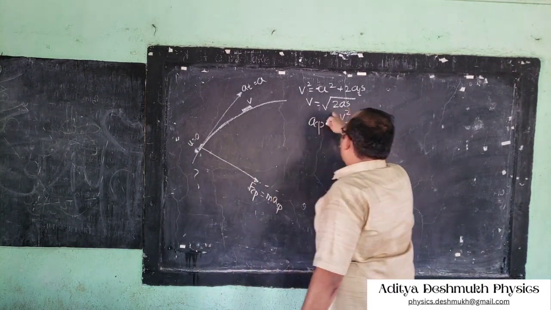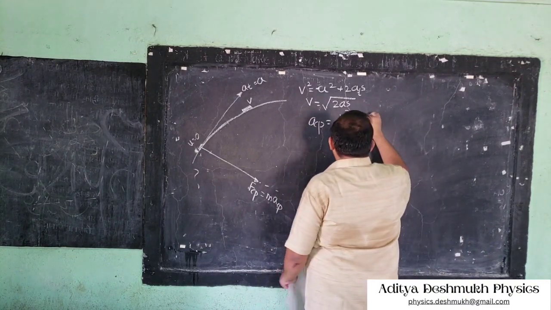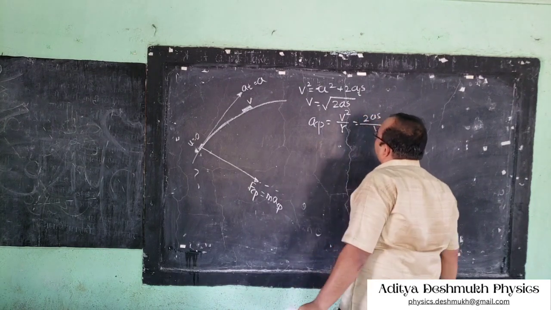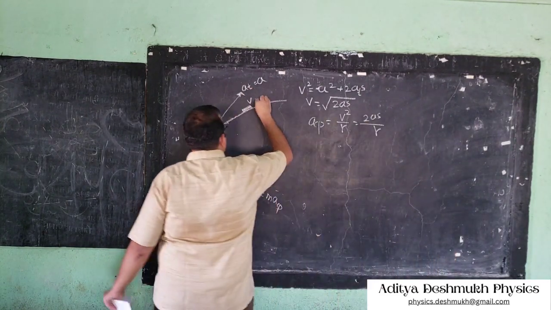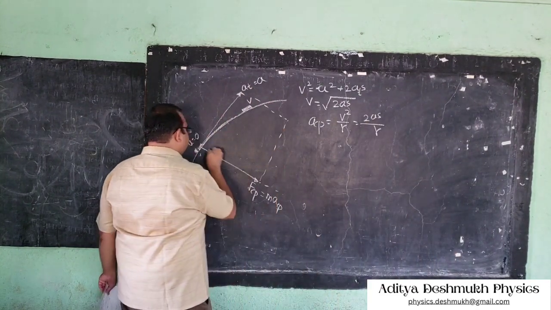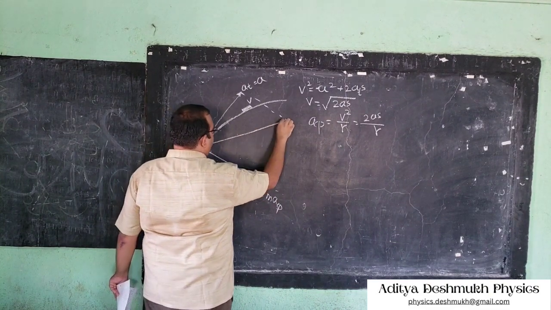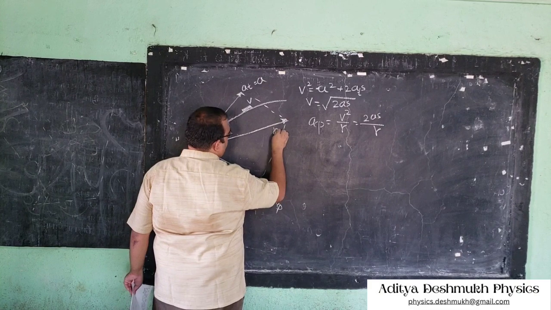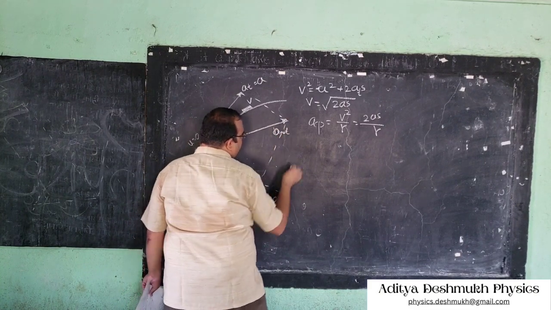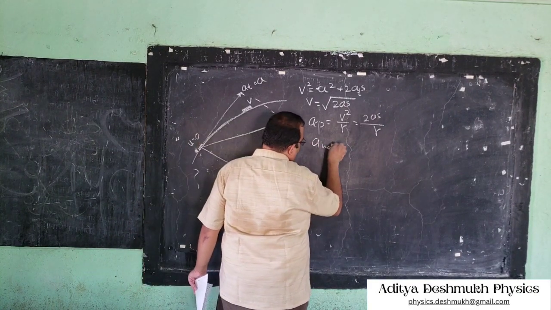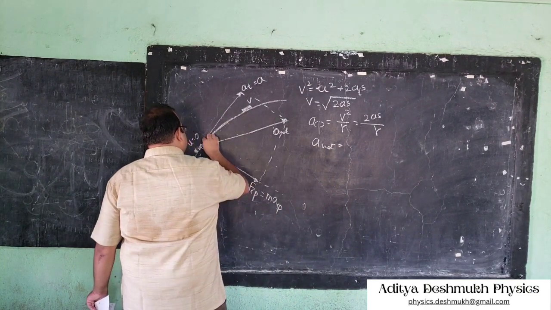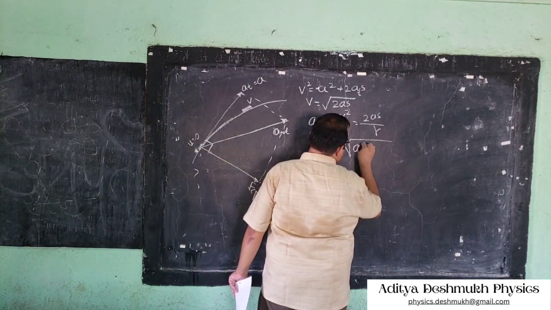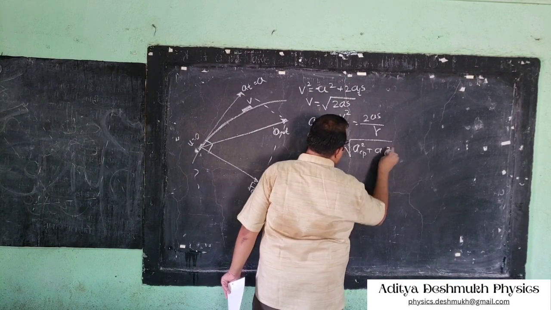If I put the value of v from here, I will get 2as by r. So if I have to find net acceleration, I will have to use a_net equal to, as these two accelerations are perpendicular, a_cp square plus a_t square.